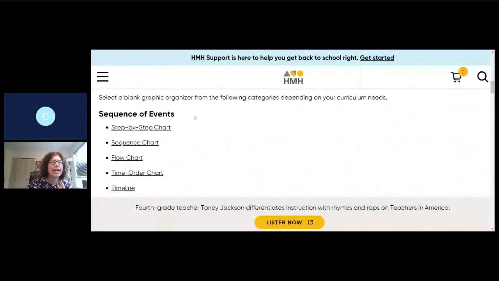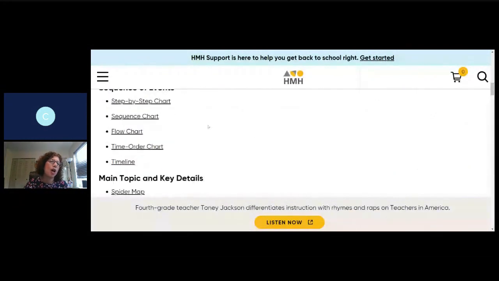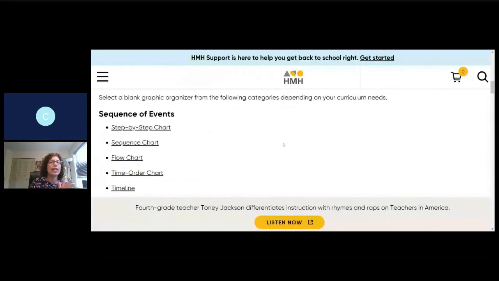So for sequence of events, they have a step-by-step chart, a sequence chart, a flow chart, a time order chart, a timeline. And you could certainly use this with narrative writing. If you are writing about something that happened in your community, or you're writing about a real life event, something you've experienced, or even showing how to accomplish something, how to do something, certainly any of these charts would be great.